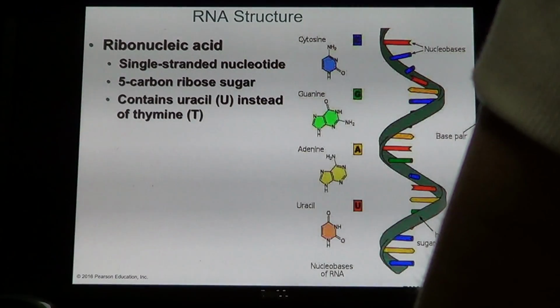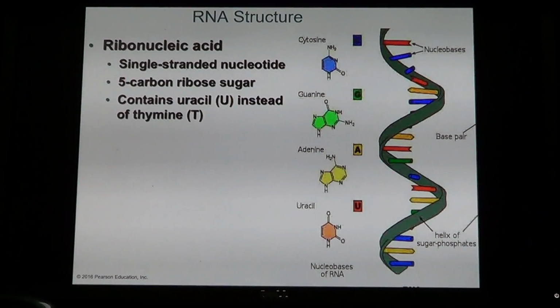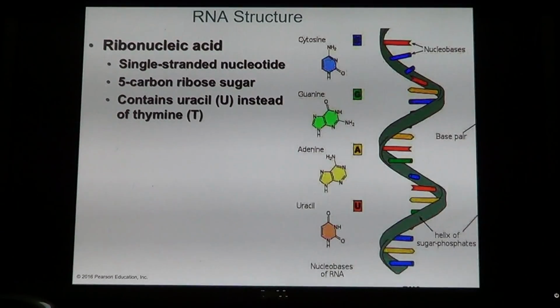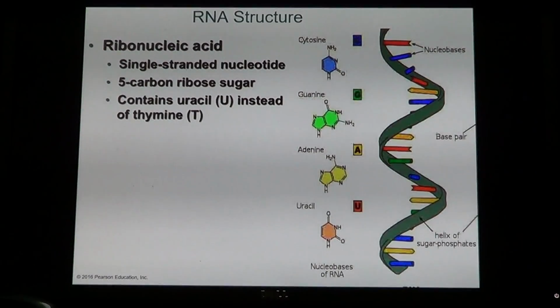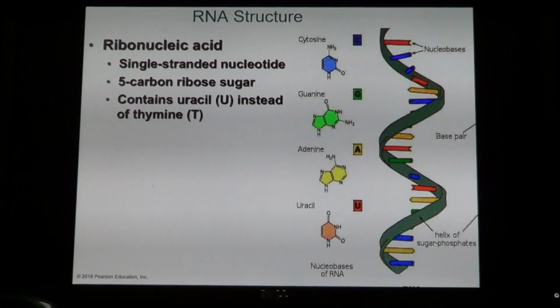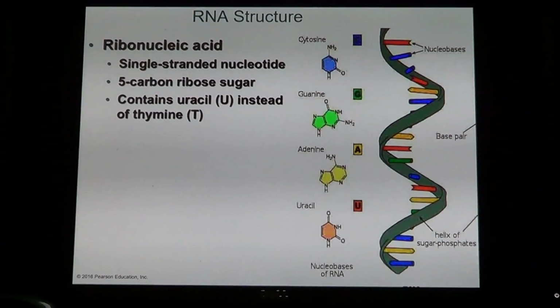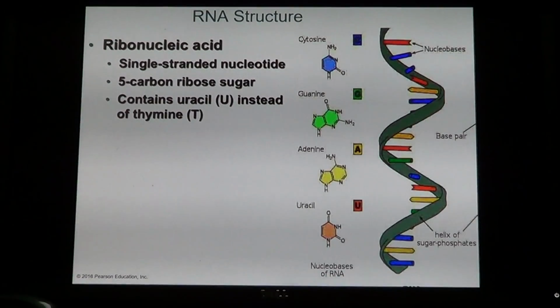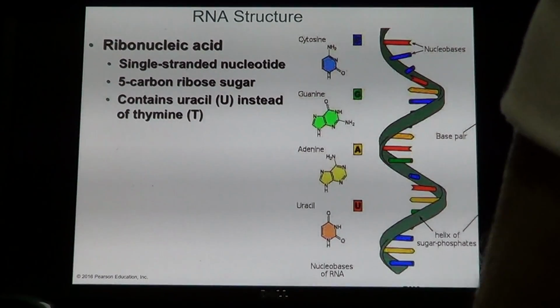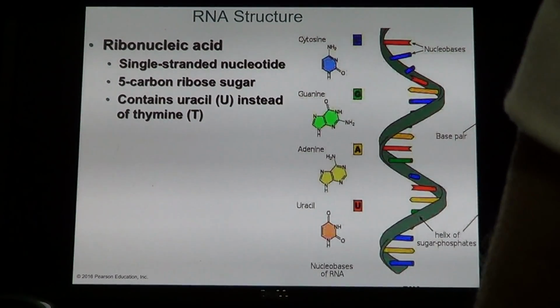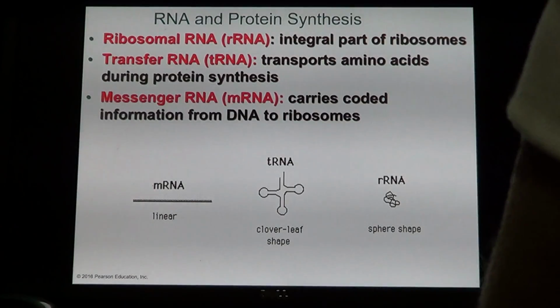Ribonucleic acid is single-stranded, and the only difference between RNA and DNA is that instead of thymine we have uracil as a nucleotide base of RNA. The same complementary base pairing to DNA molecules, except that of course uracil binds to adenine.